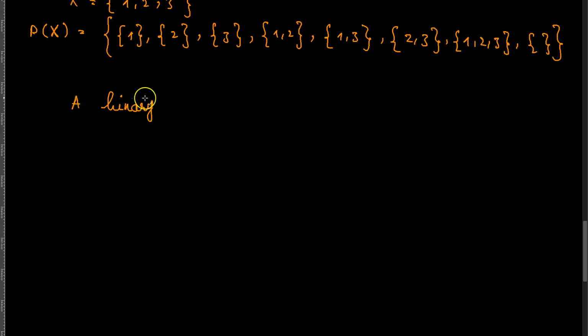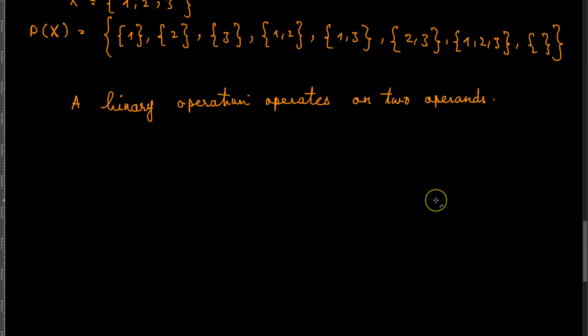So you can say that a binary operation operates on 2 operands. Now, what an operand is: for example, when you write 2 plus 2 is equal to 4, addition is a binary operation in mathematics, right?